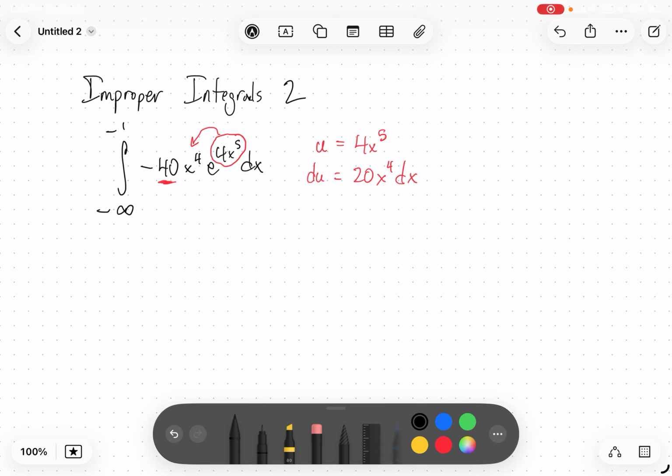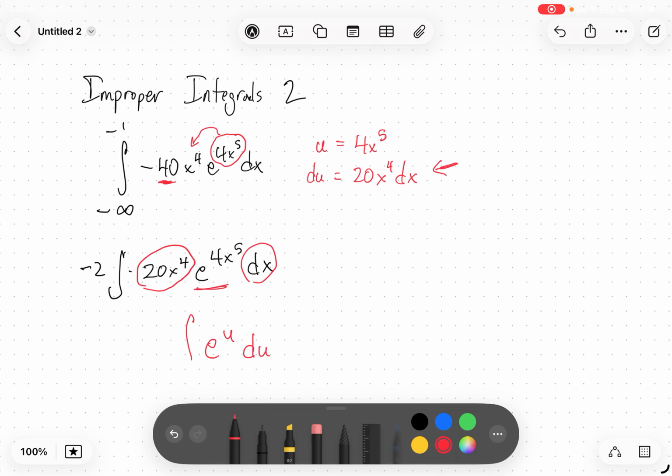So the first thing I'm going to do is rewrite that negative 40 as negative 2 times 20x to the 4th, and I can separate the negative 2 right there. The reason I'm doing that is because this part is precisely du, and then this is just e to the u.